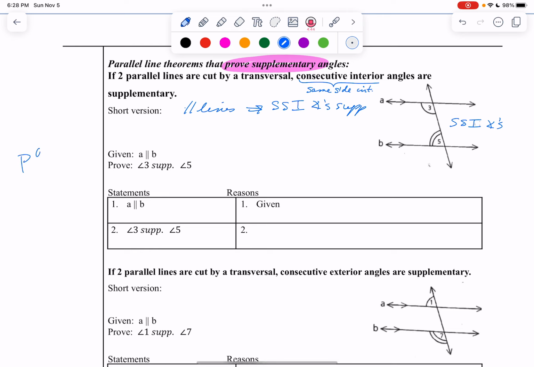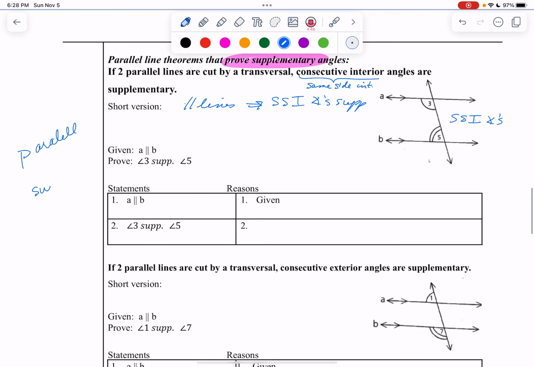So given parallel lines and trying to prove supplementary, that's all it is. How do I know that these are supplementary? Because you said they were parallel. Here's where you showed me in the diagram that those are parallel.